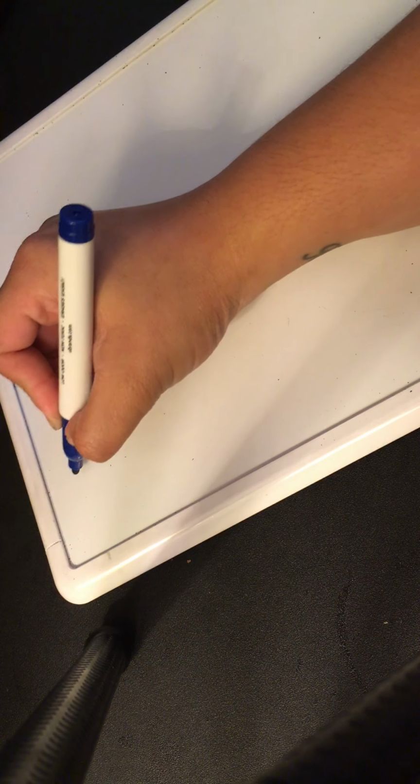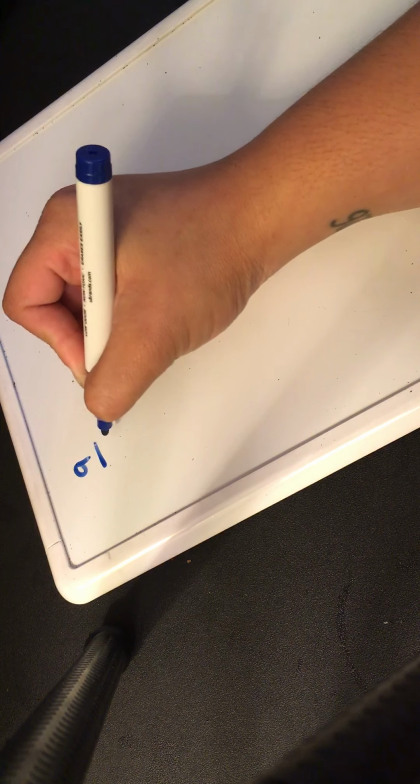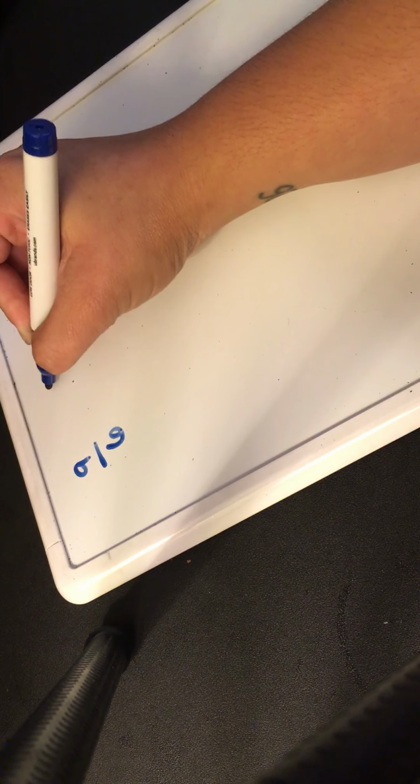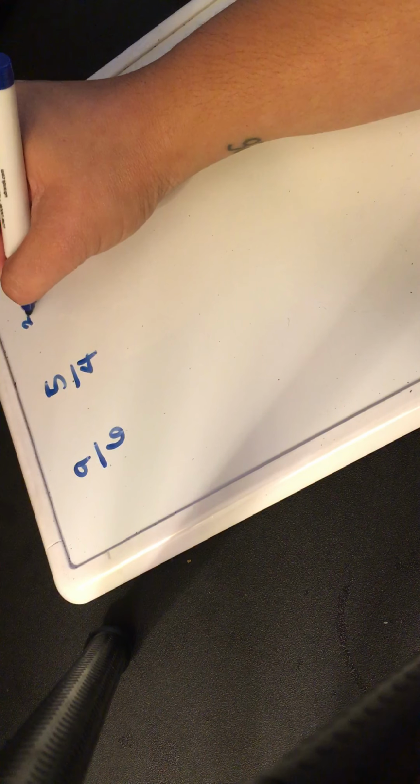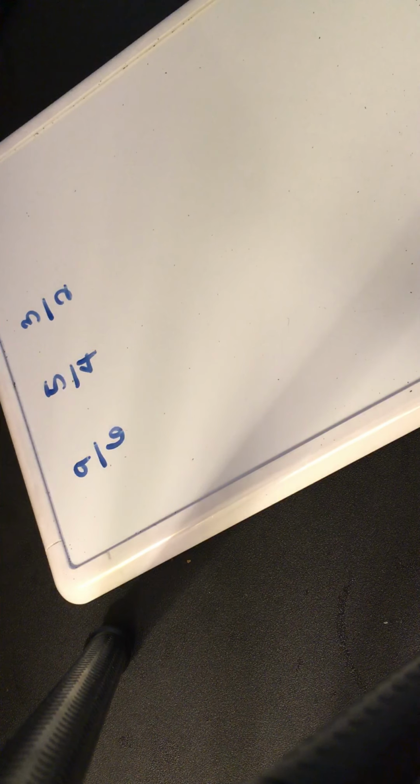Now, let's convert our improper fraction to a mixed fraction, and see how we would do that. Let's do 3 together. Let's do 9 over 6, 5 over 4, and 3 over 2.